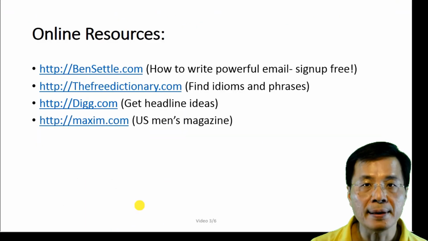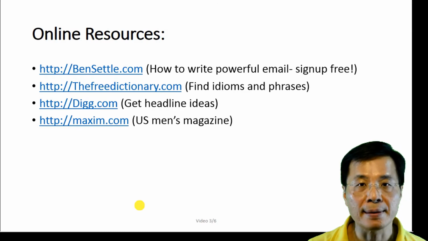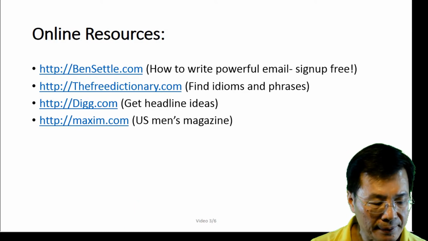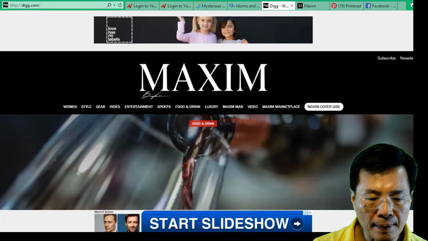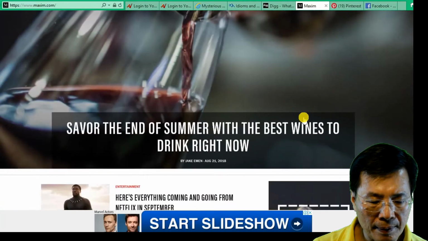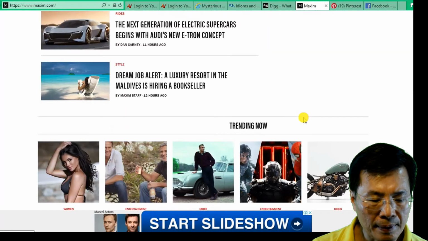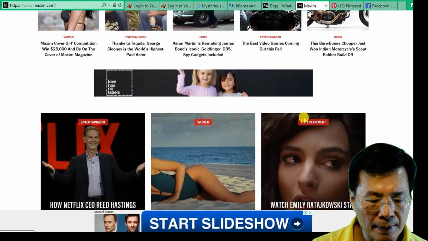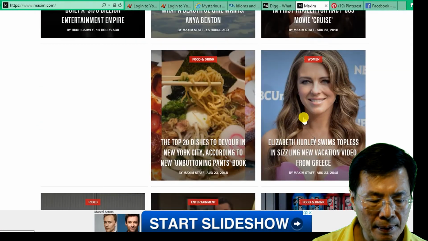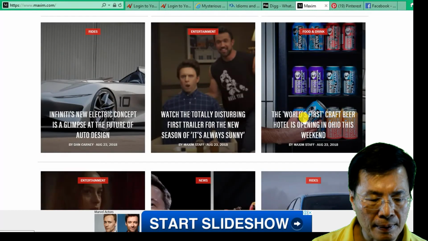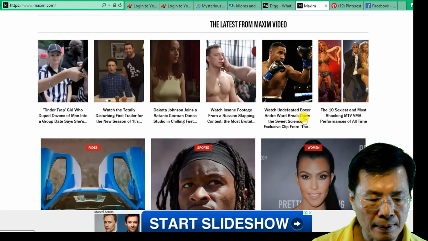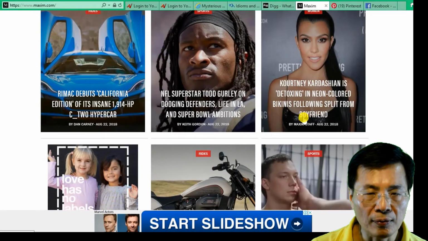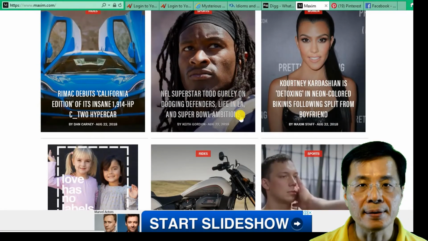The next site is Maxim.com, which is a men's magazine site. You can look for some good headline ideas on this site.